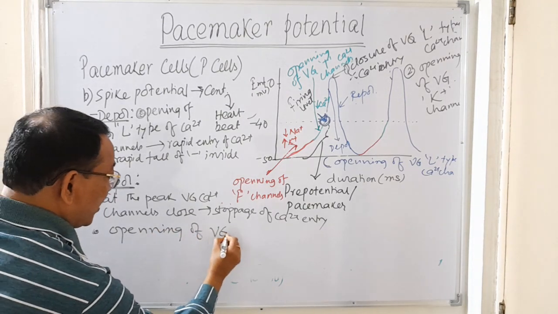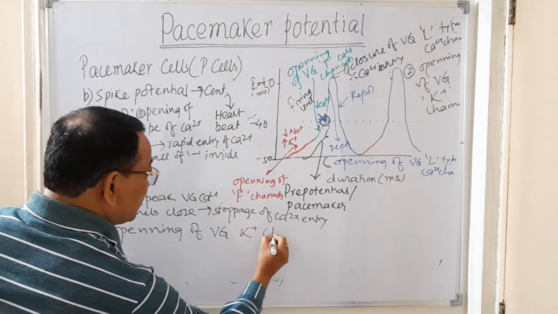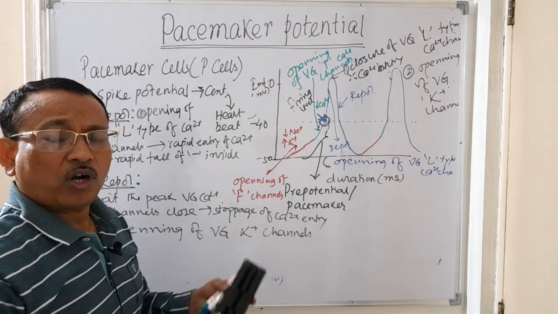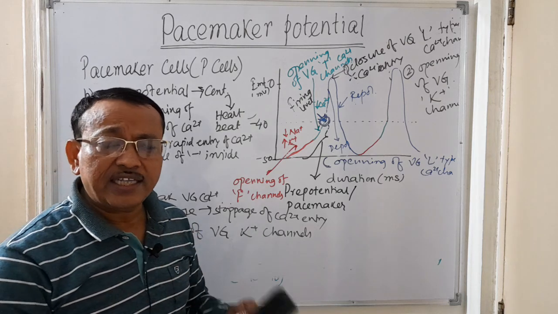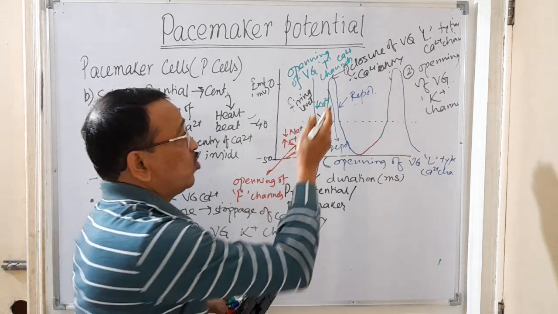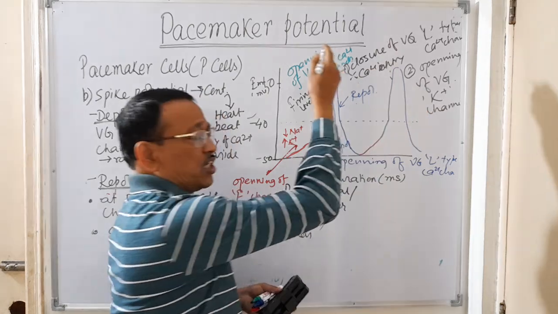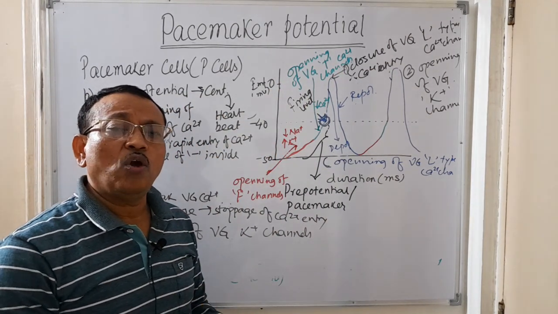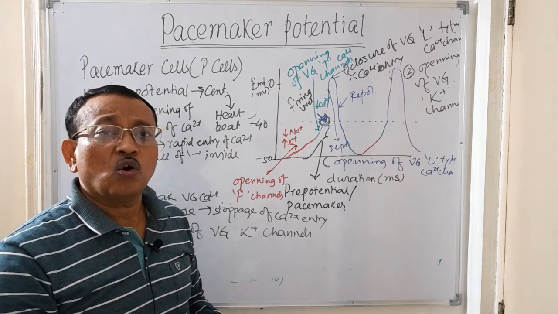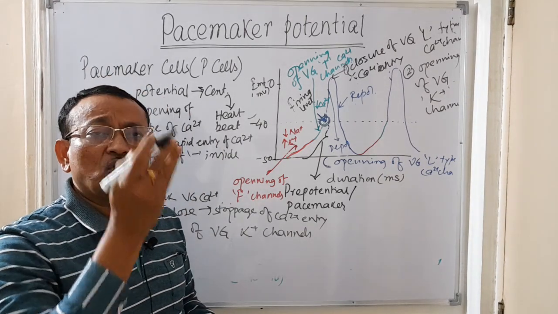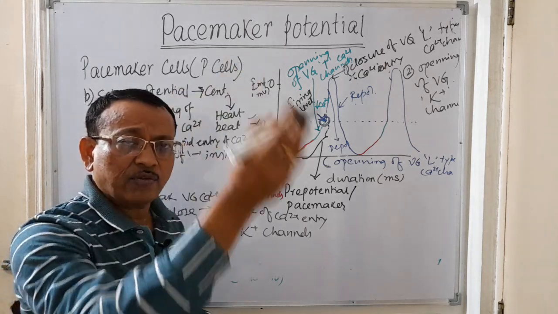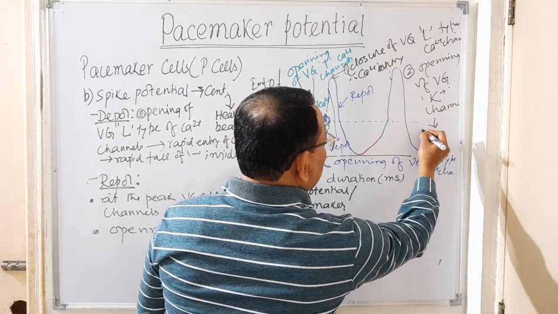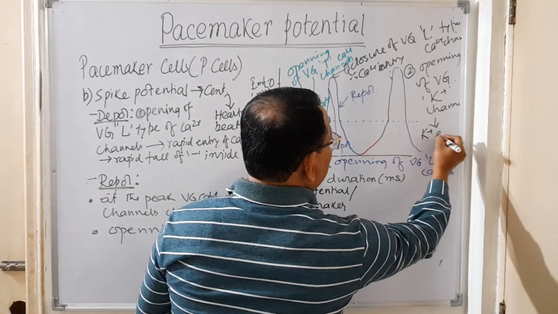As you know, potassium concentration is high inside, so as these potassium channels open, potassium ions, due to the concentration gradient, will go out of the membrane, from inside to outside. This results in potassium exit.